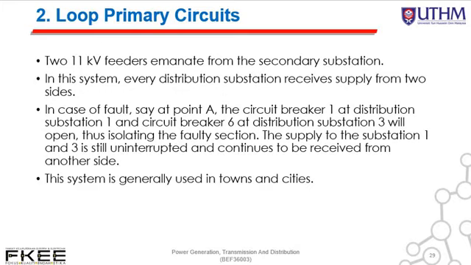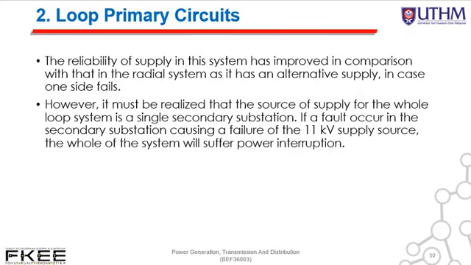This system is generally used in towns and cities. The loop primary circuit is very reliable as compared to the radial system, since each distribution transformer is fed by two feeders. There are also fewer voltage fluctuations at the consumer's terminal.